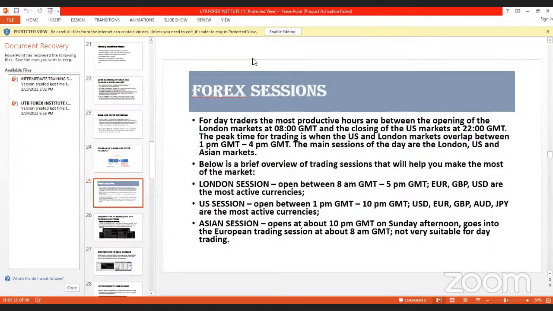The US session is on, the London session is on. That means we have many continents doing business at the same period. So that's seen as the peak hours of trading. Much volume is entering the market, there is much volatility, and there is much movement in the market during those hours.